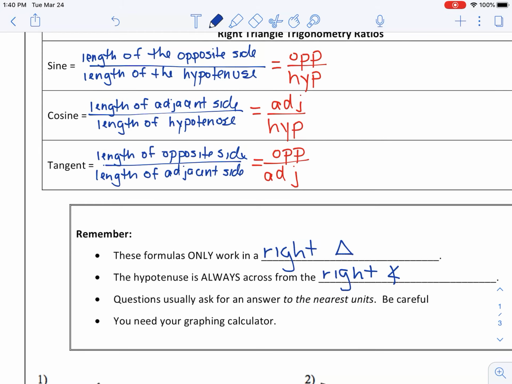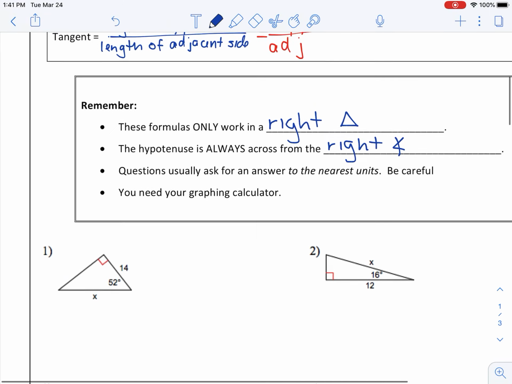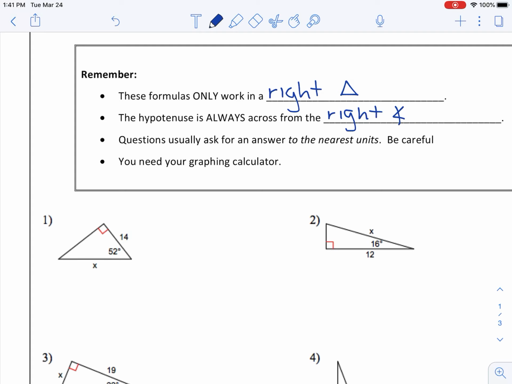The questions usually ask for you to round to the nearest unit. Make sure if it says to round to the nearest tenth, you're rounding to the nearest tenth or to the nearest whole number. You've got to be careful about that. And there's no way you're going to do these without a graphing calculator, so make sure you have it right now. Okay. I'm going to do a couple of these with you, and then I'm going to let you do a couple. It doesn't tell me to, but it should say solve for x.